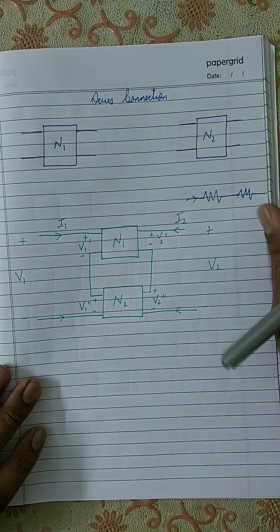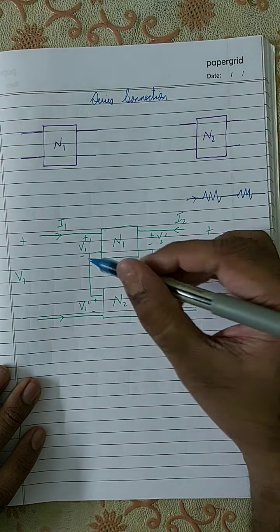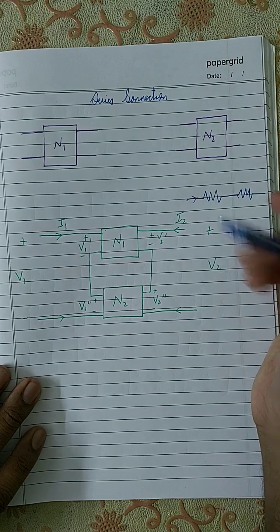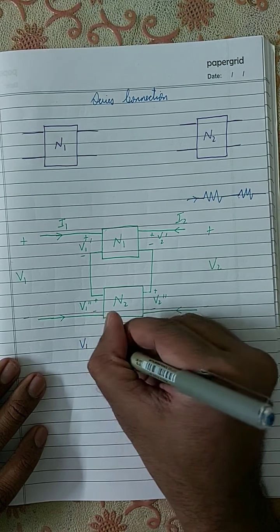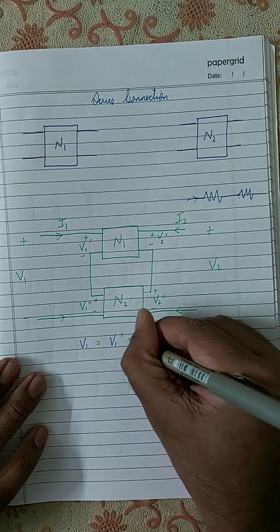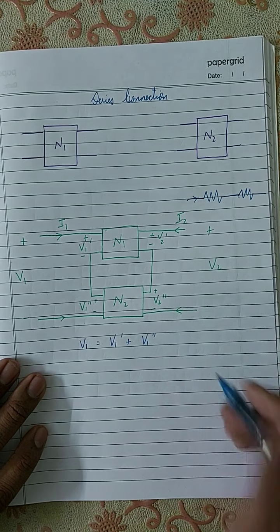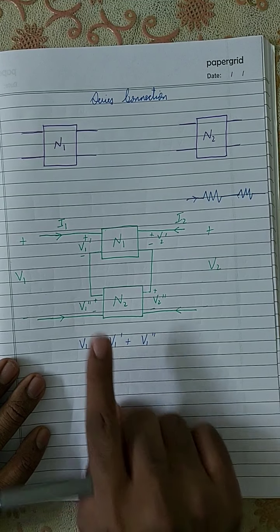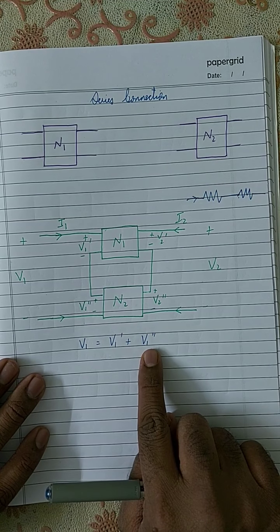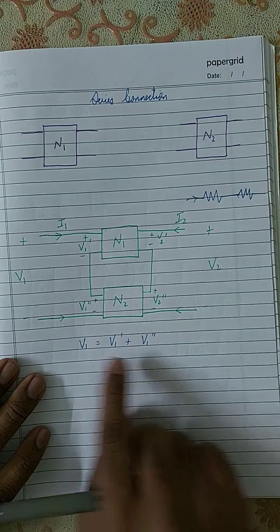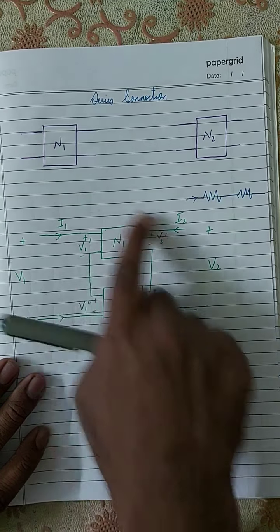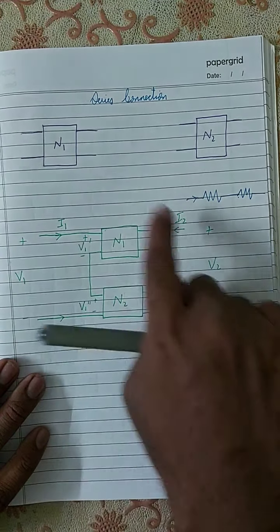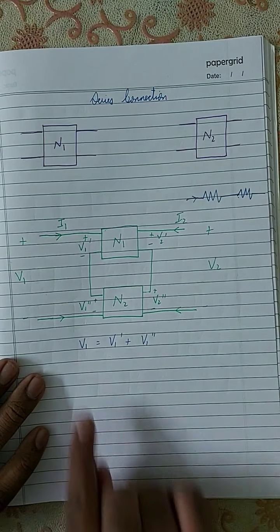So in series connection, the voltages are the ones being affected, right? How are the voltages affected? V1 is equal to V1 dash plus V1 double dash. V1 dash is the input voltage of network N1, V1 double dash is the input voltage of network N2, and V1 is the input voltage of the overall series connected networks.